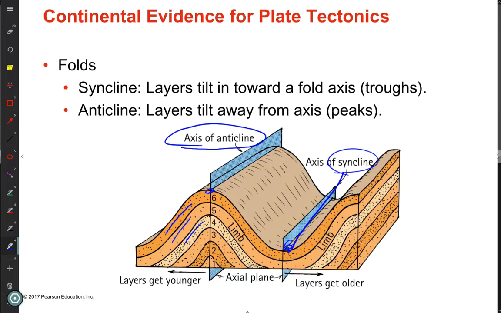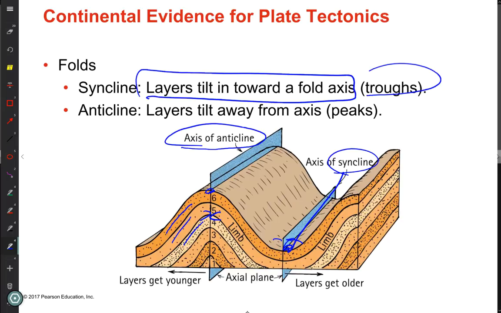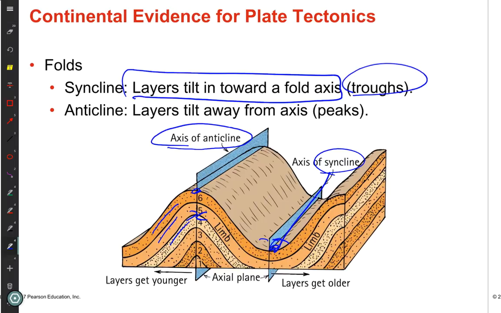I looked at their definition, which was just this: layers tilt in toward a folded axis or tilt away. And as far as I can tell, that layer tilted in. To me, they seem to tilt in both, so that tilting in and out didn't work for me. But what works for me is the synclines are the troughs, the low areas. The anticlines are the peaks, the high areas.